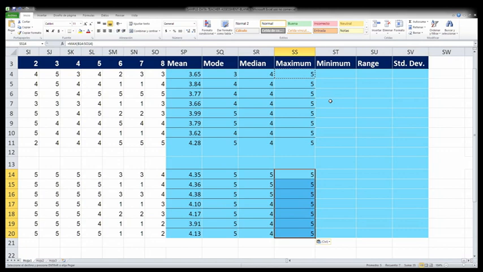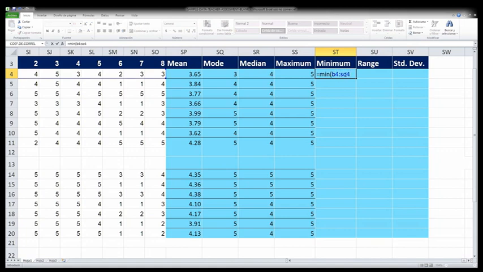Okay? And I think the same thing is going to happen to the minimum. If at least one student circles number 1, then the minimum is going to be number 1. And we're going to have a big range, of course. So let's calculate it. Minimum, B4 through SO4, right? There it is.